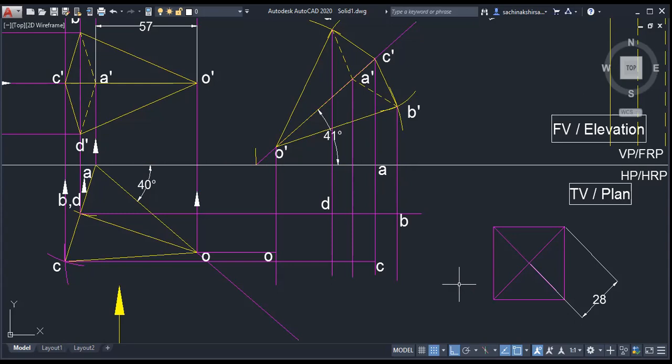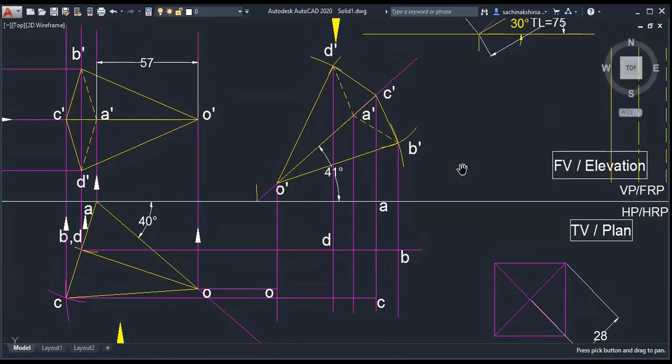So we got O, A, B, C, D. All the points we got. Have you got all points? Have you located? Now we have to join these points, all these points.